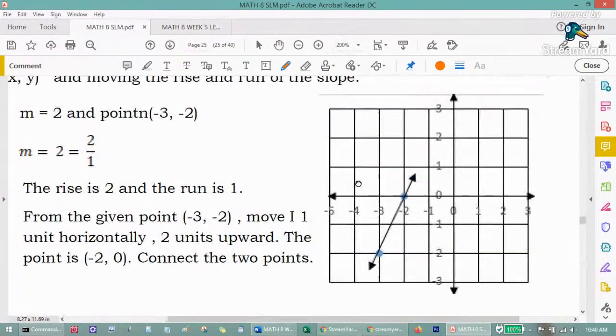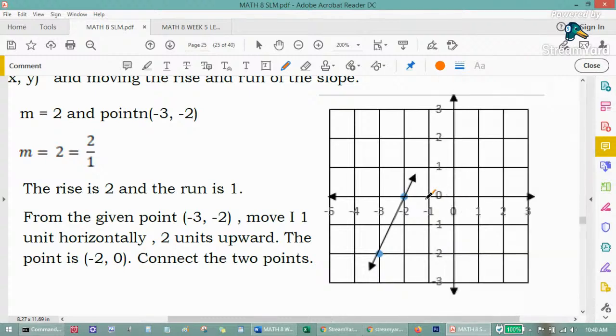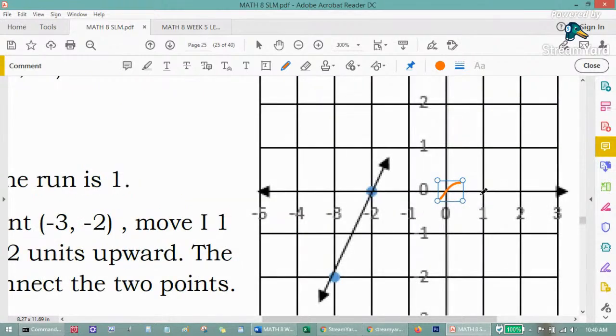Or pwede rin, simula tayo sa negative 3. Nasaan ang negative 3 ng x? So, this is the x-axis. This is 0. And 0.